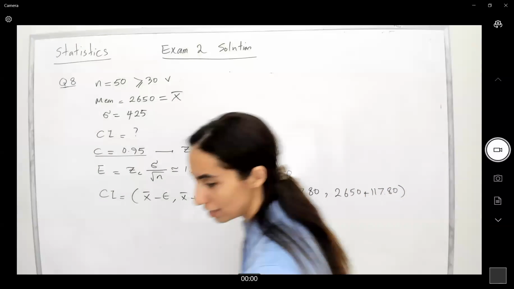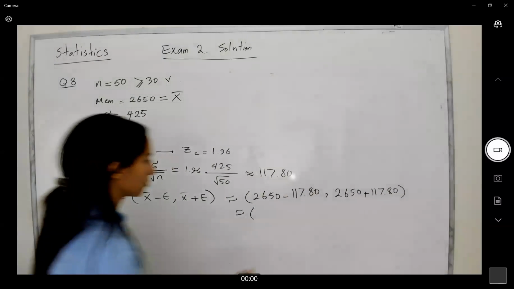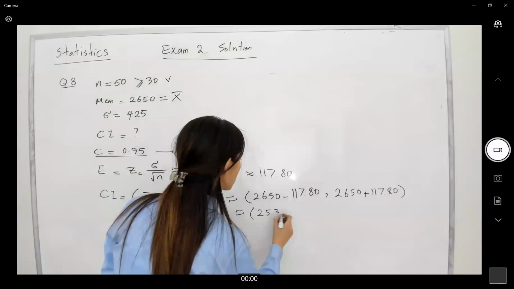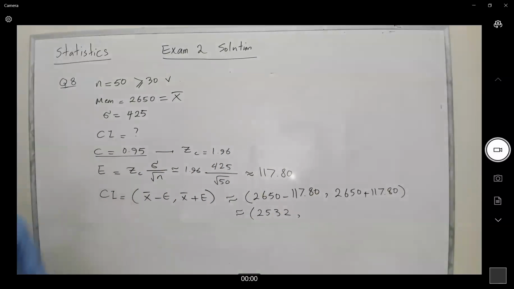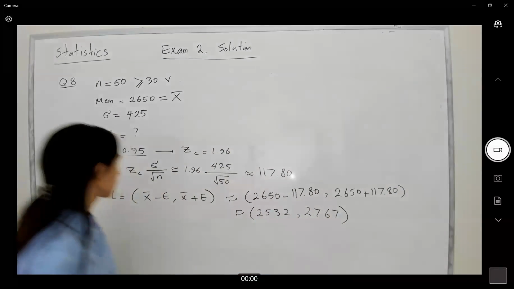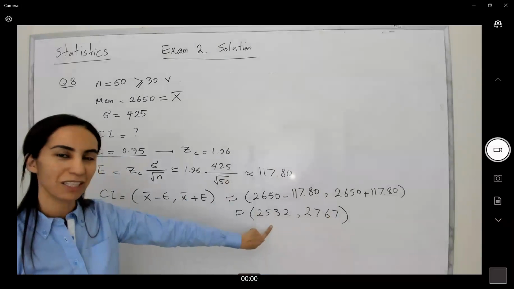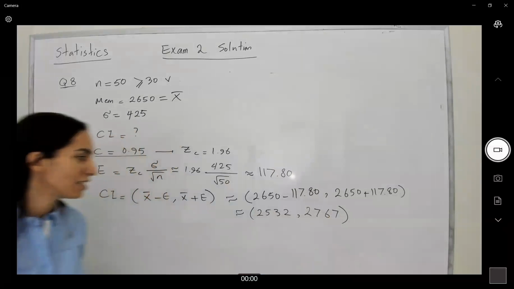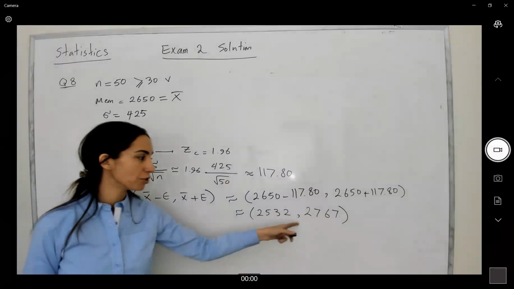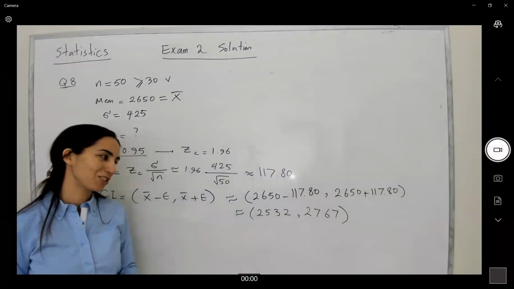So the confidence interval that we have is 2,532 approximately and 2,767. We are 95% confident that the population mean cost is in between $2,532 and $2,767.